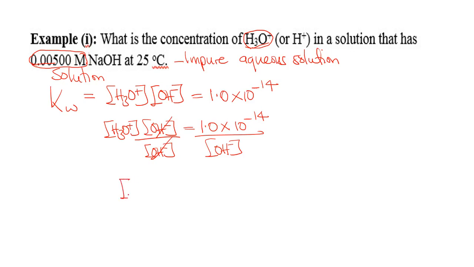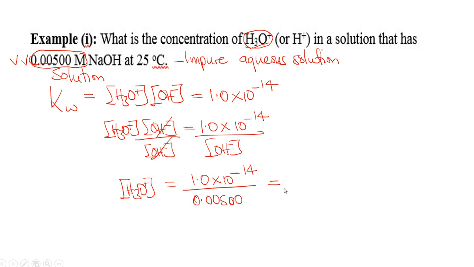And we'll say the concentration of the hydronium ion is 1.0 times 10 to the power -14 divided by the concentration that is given here, which is 0.00500.